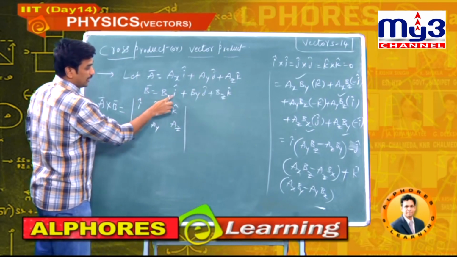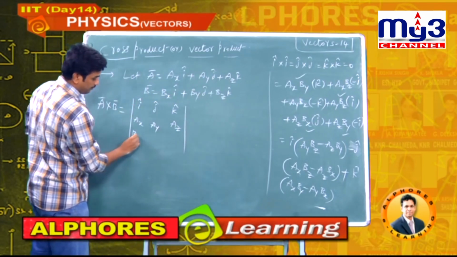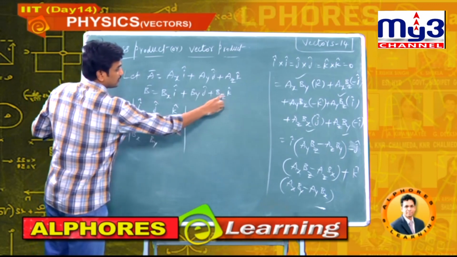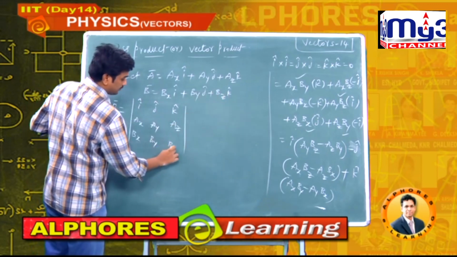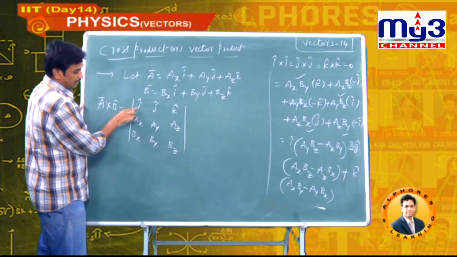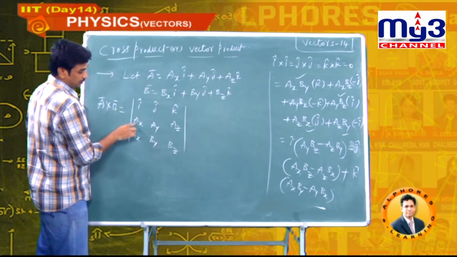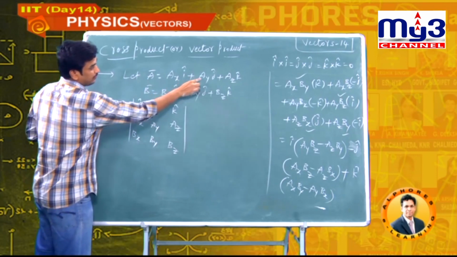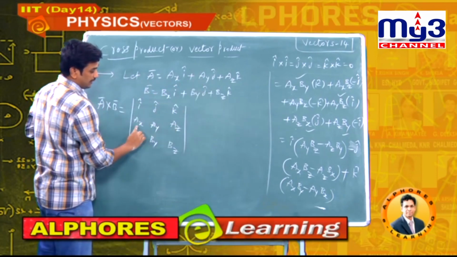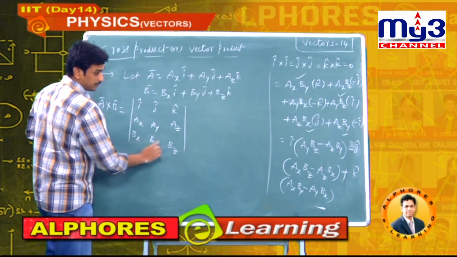Next B: I cap coefficient Bx, j cap coefficient By, k cap coefficient Bz. So Ax, Ay, Az, Bx, By, Bz.